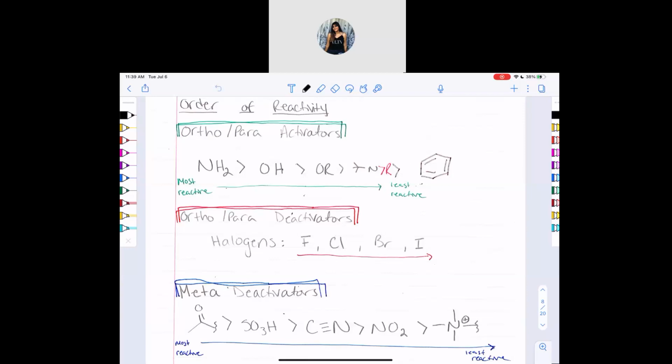So I'm going to say this is the strongest activator. And the strongest deactivator we're going to talk about in this class is nitrogen with a plus.